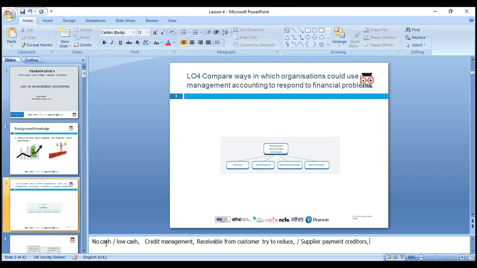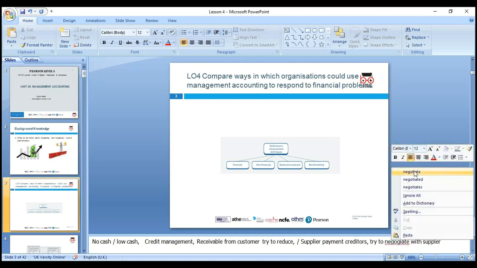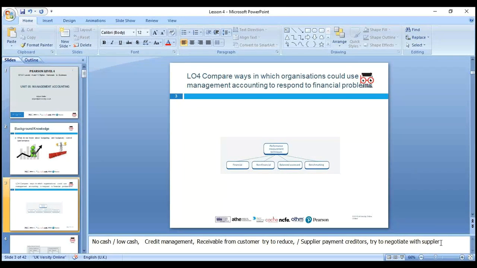So we should try to negotiate with suppliers to increase payment terms. So these will help us.